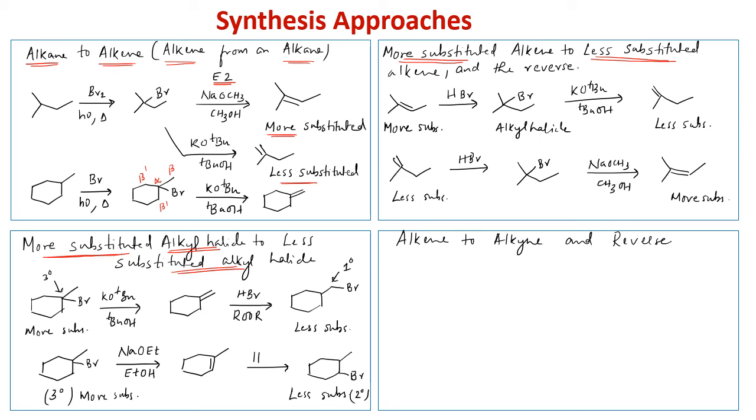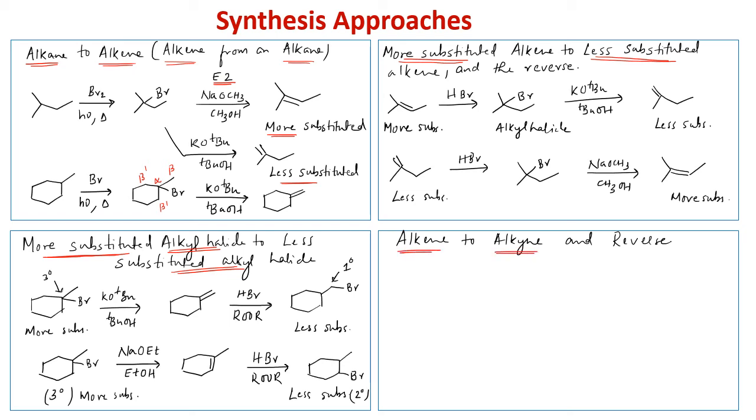And now if I do the peroxide effect on this, I will make the product, which is the less substituted alkyl halide compared to my starting material. Okay, so those are some strategies. Again, this is not an exhaustive list, but these are some strategies that are useful.